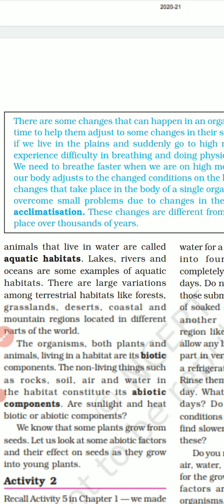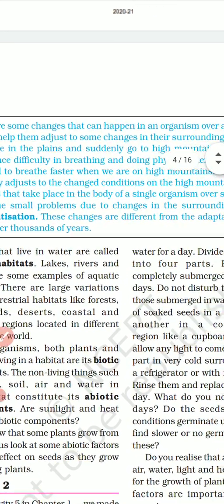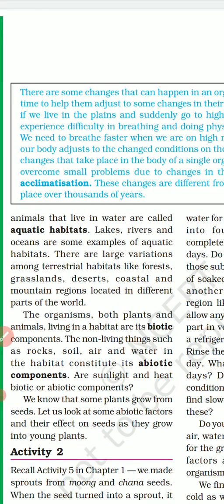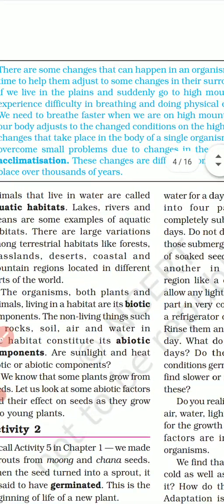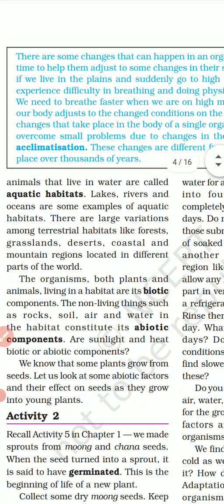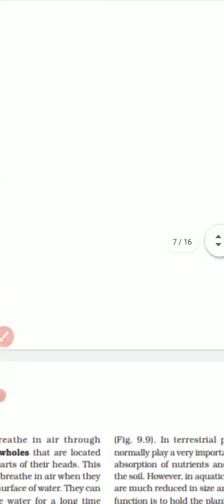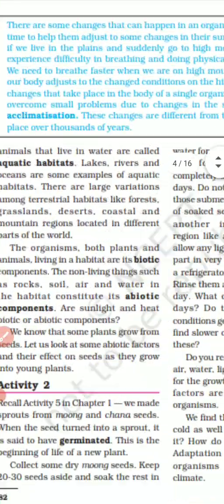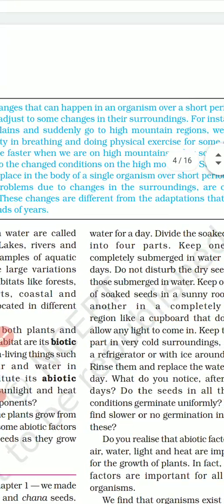So what is acclimatization? There are some changes that can happen in an organism over a short period of time to help them adjust to some changes in their surrounding. For instance, if we live in the plains and suddenly go to high mountain regions, then what happens?